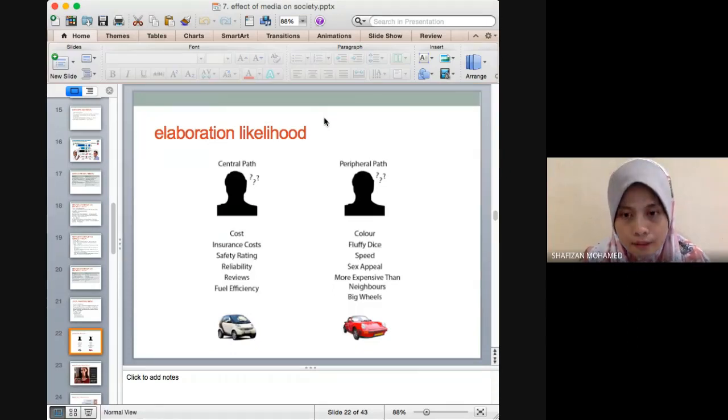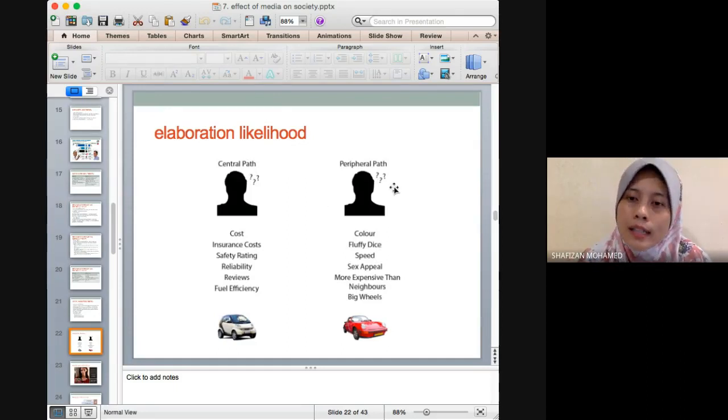You can attract or change a person's opinion, or somewhat persuade a person, using the central path. That means a marketing strategy or advertising campaign that focuses on factual, realistic components or characteristics of a particular event.